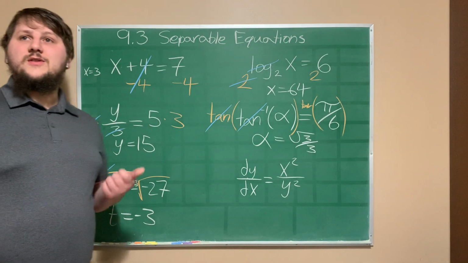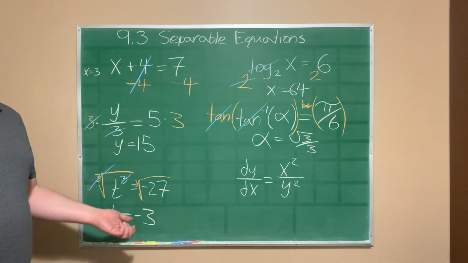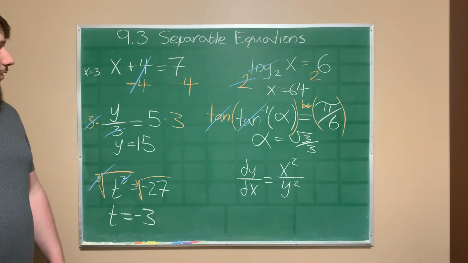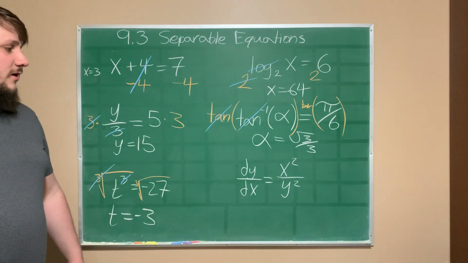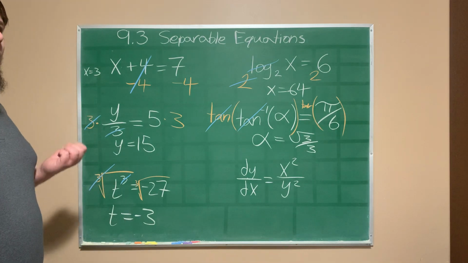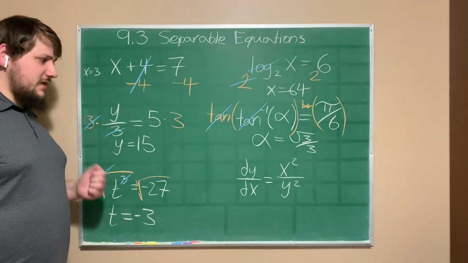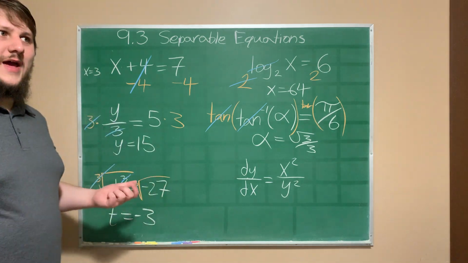A differential equation just means it's an equation where the derivative of one function appears somewhere in it. So here, what we're saying is that the derivative of the function y with respect to x is equal to x squared over y squared. And a way that you can think about what this means is dy dx is the slope of the curve at any given point.